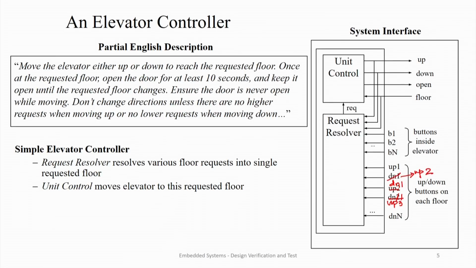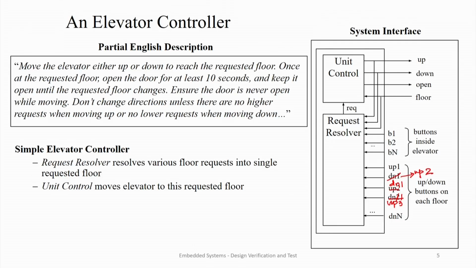Before the elevator controller is designed, we just have what we want to do in our head, a scratchy idea. We first jot that down using an English language description. A partial English language description for an elevator controller can be as follows.